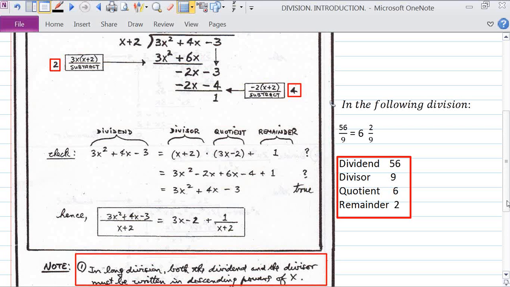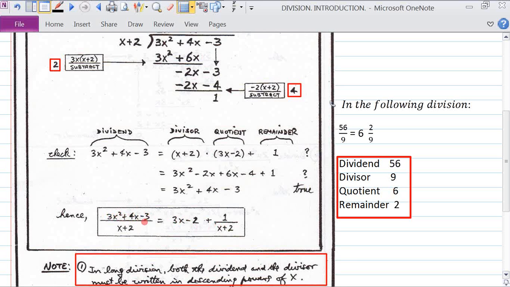So you can see here that if we take 3x squared plus 4x minus 3 and divide it by x plus 2, then we get 3x minus 2 with a remainder of 1. So it's written this way. This is the key part here. We're going to show how we get this.